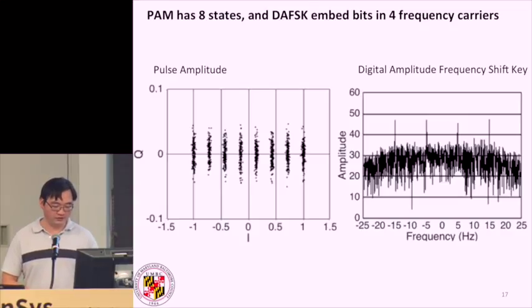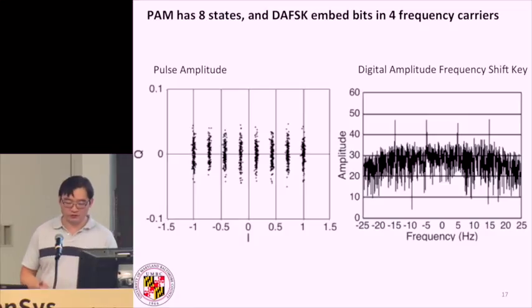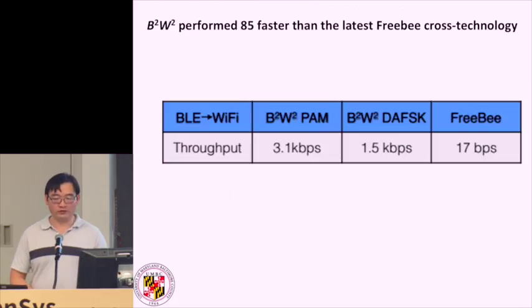So the 8 states were provided different symbols, which carried ones and zeros from Bluetooth to Wi-Fi. Again, we also did a 4-carrier frequency shift key, and the 4 frequencies provided 4 different states, and we were able to sense that interference from Wi-Fi devices.